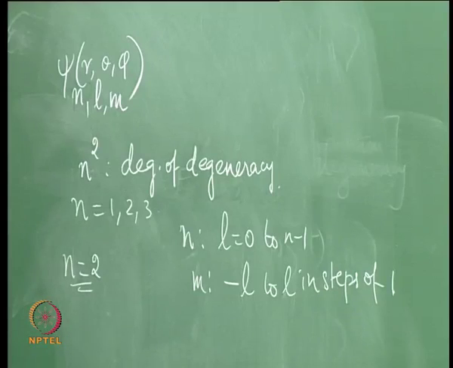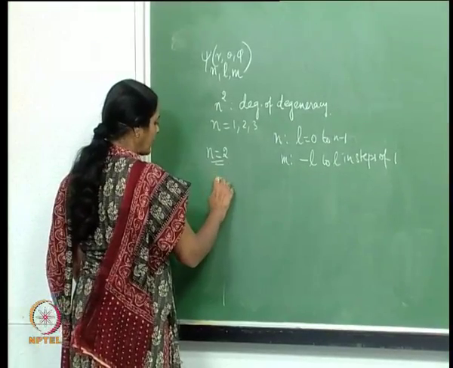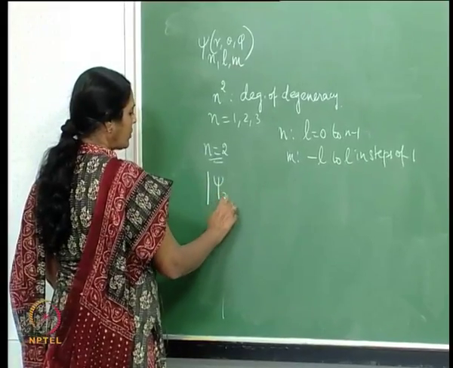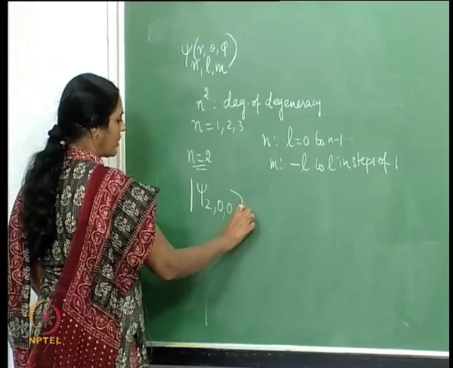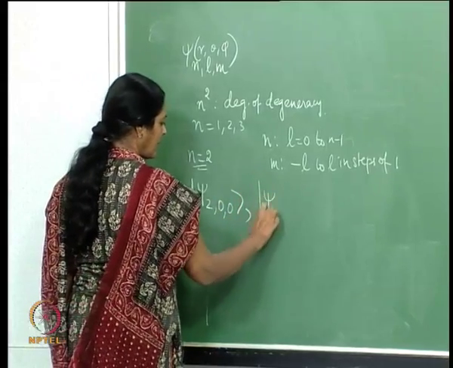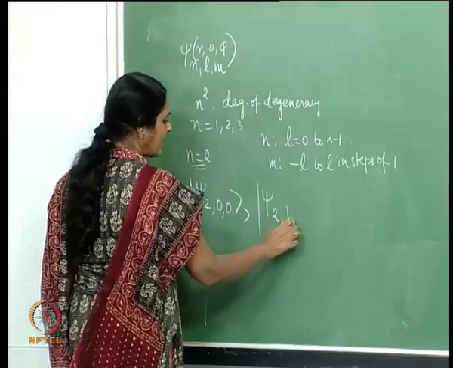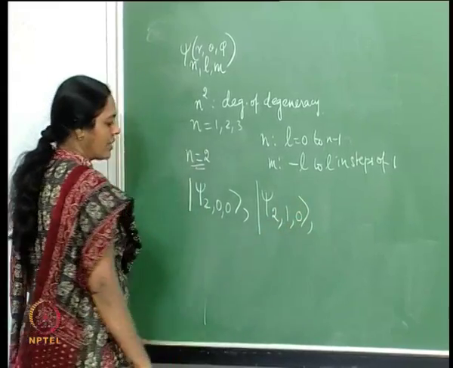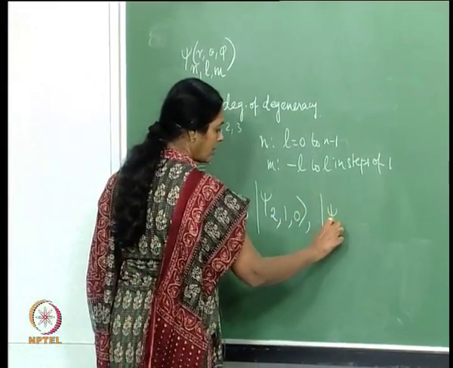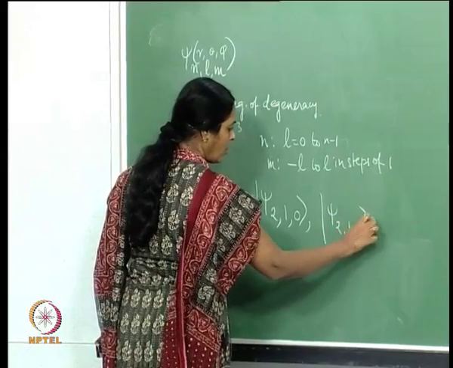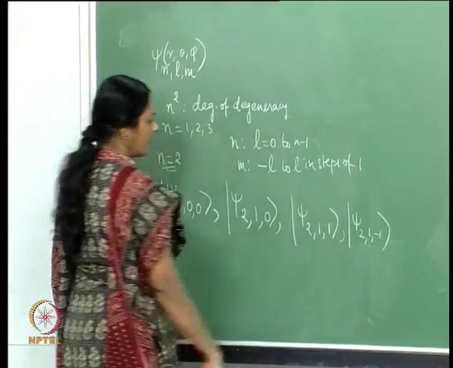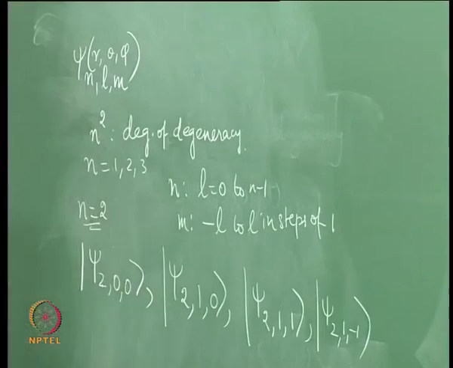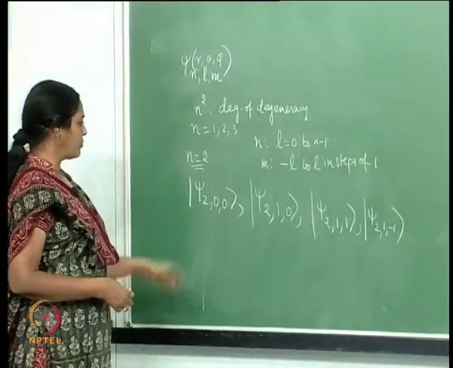So, there is a degeneracy, and these 4 states I can represent by psi 2, l taking value 0 and therefore m taking value 0, l taking value 1 and therefore m taking value 0, 1 or minus 1, because m takes values minus 1 to plus 1 in steps of 1.